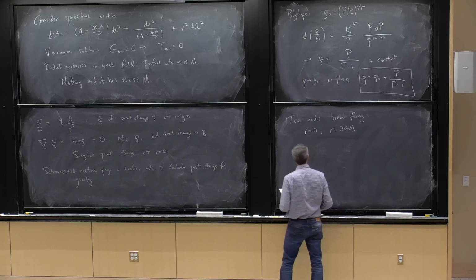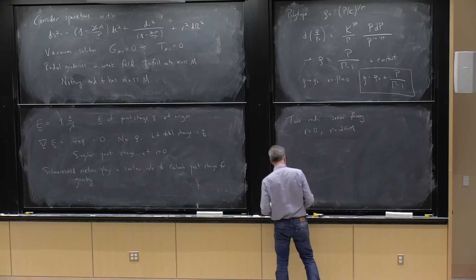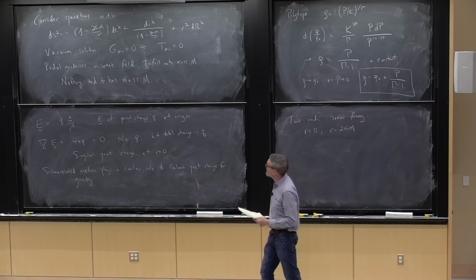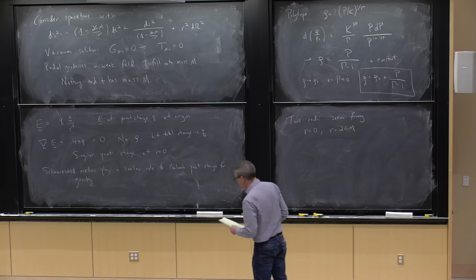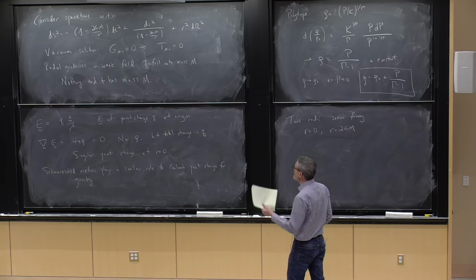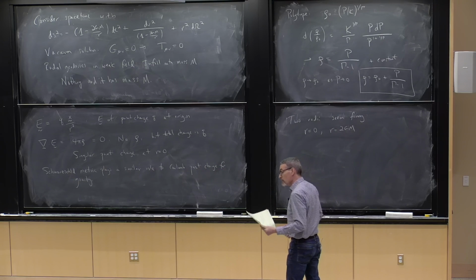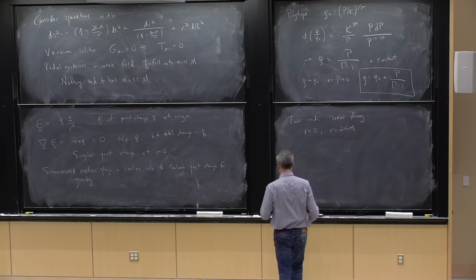One of the lessons that I hope has been imparted in this class so far is that if you really want to understand the nature of gravity, you want to go from the metric to the curvature. So what I'm going to do is assemble an invariant scalar from my curvature.